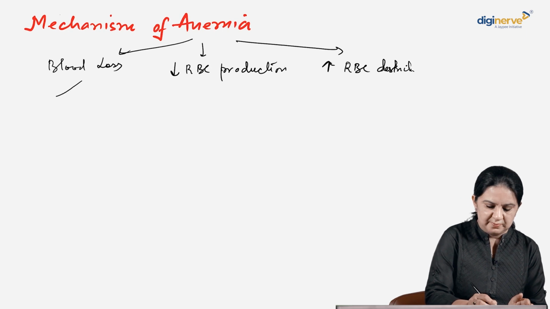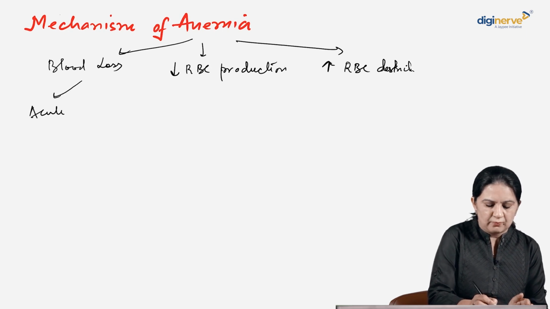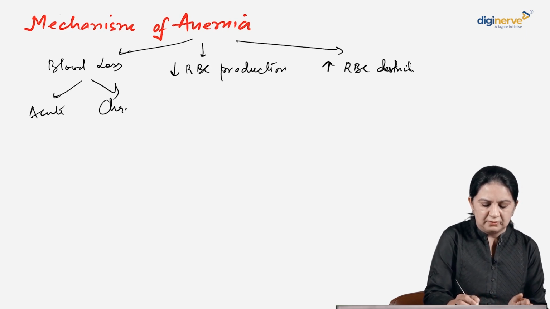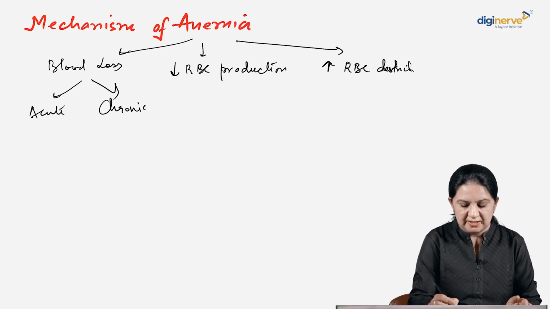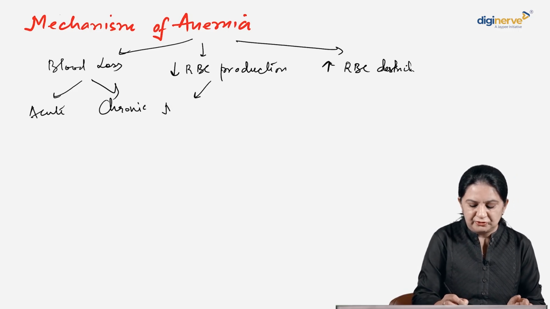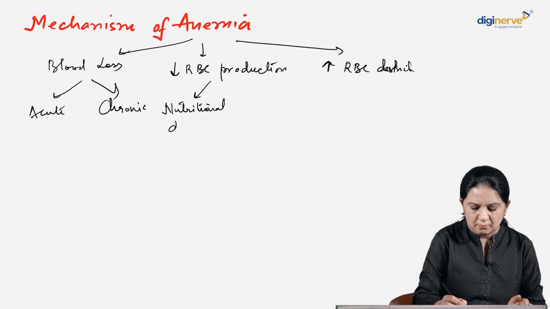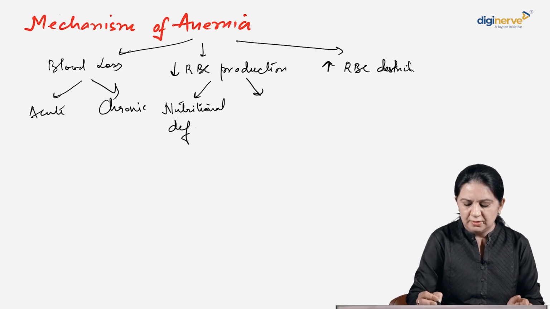So blood loss, simple, could be acute or chronic. Decreased RBC production could be nutritional deficiency or maturation defect.